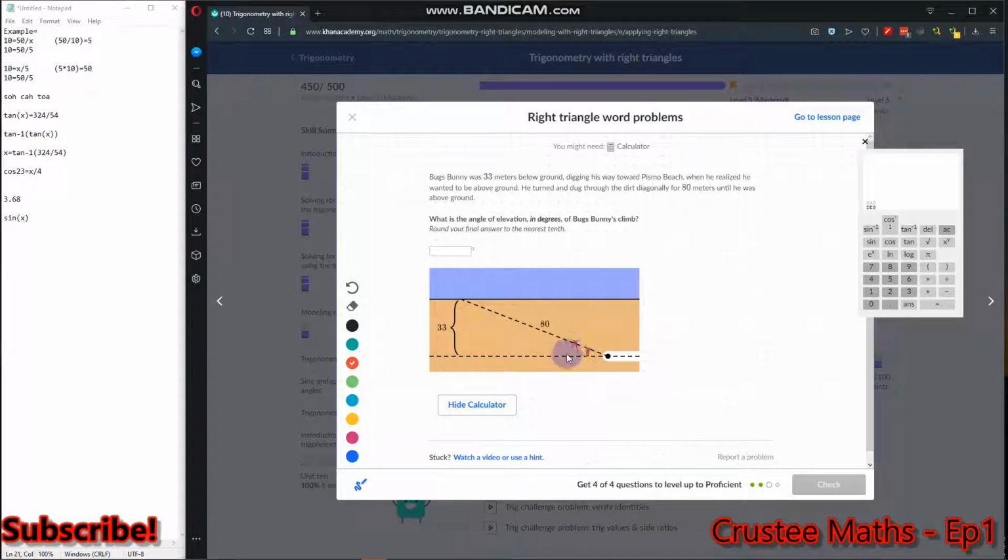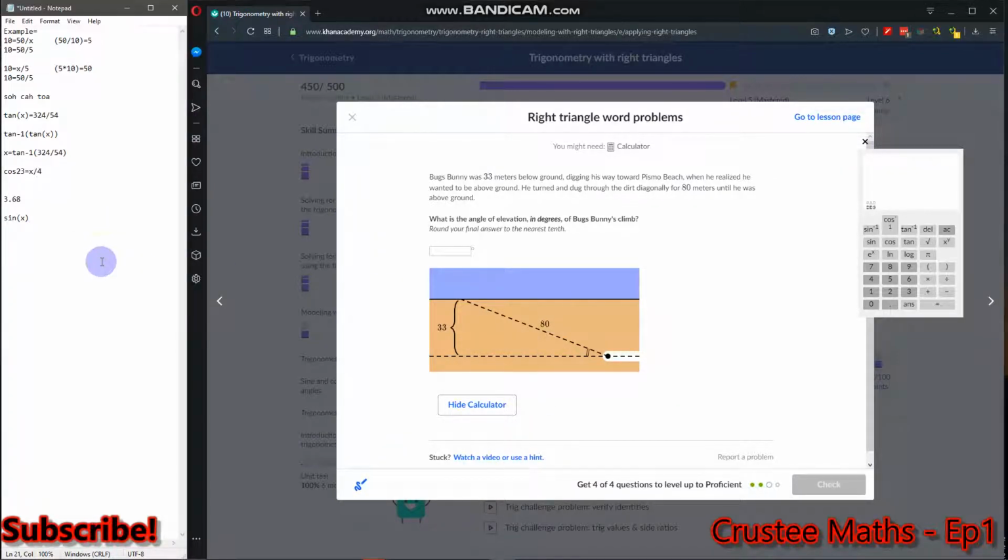So sine of x, because we don't know what this angle right here is, it is equal to x. Excuse my handwriting. So that right there is x, and then we write it is equal to opposite over hypotenuse. The opposite side of this angle is 33 over hypotenuse, which is 80. So we know this. How do we find x? You just take this, like we did here, and we know that it will simplify to x anyways.